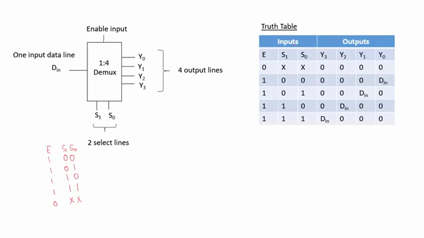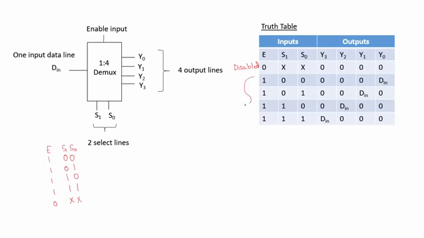The inputs to the demultiplexer will be enable and S1 S0, whereas there will be 4 outputs Y0, Y1, Y2, Y3. If the enable is 0, the demultiplexer is disabled, so irrespective of the combination of the select lines, the output would be 0.